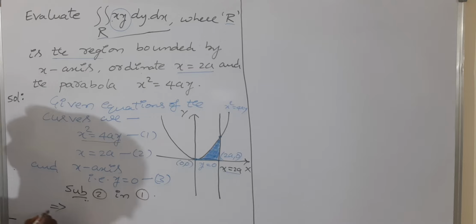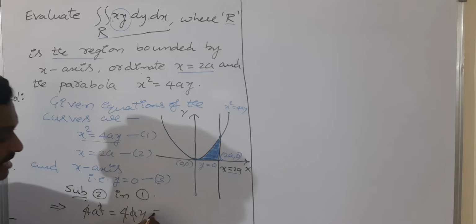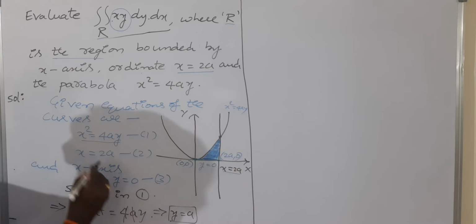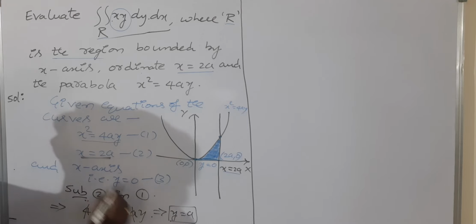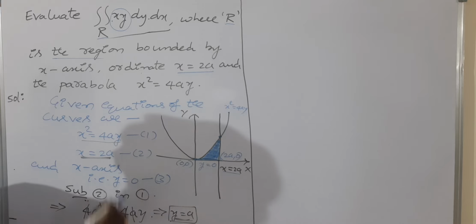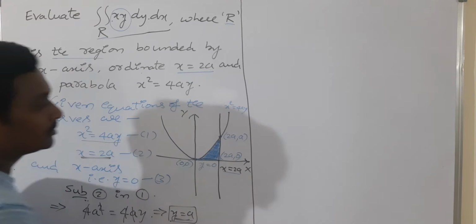So you will get 2a whole square, which is 4a square, is equal to 4ay. We are observing that 4 gets cancelled, one a gets cancelled. That's why the y value is a. So what happened? If x is equal to 2a, then y is equal to a. Hence we conclude that the intersecting point of 1 and 2 is 2a comma a.